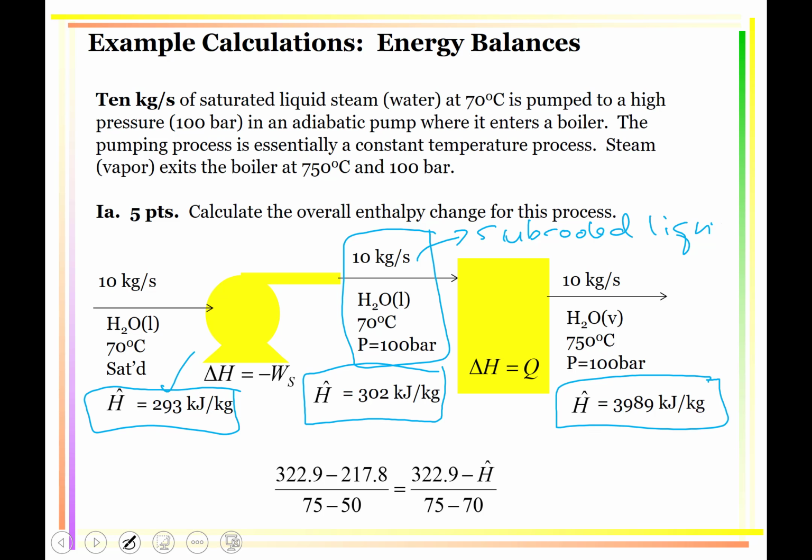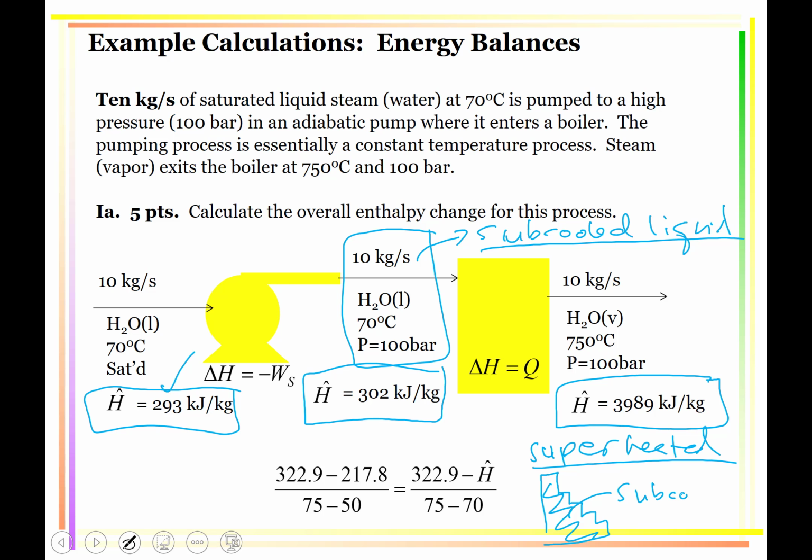And the subcooled liquid is on the superheated tables, even though it's not superheated. The subcooled liquid steam information is on the superheated steam tables, and if you look on there, it's under this staircase. All the data in that staircase is subcooled liquid.